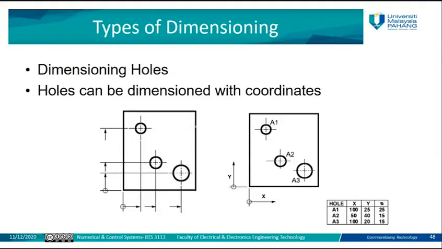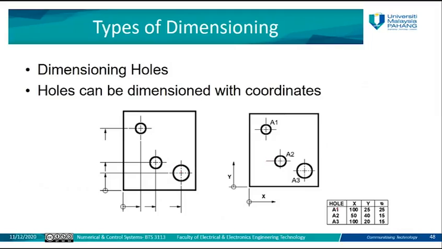Dimensioning for holes: if you have holes on the objects, so you have some circles or holes on the object, you can define the dimension in addition to mentioning the radius and diameter. For example, we can also indicate the dimension in terms of the axis or coordinates.